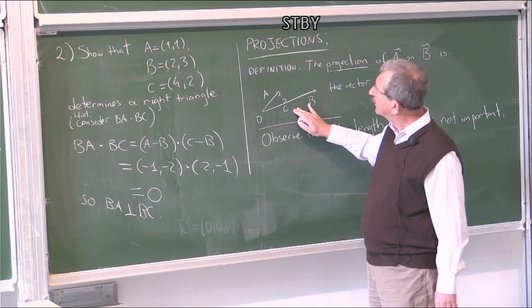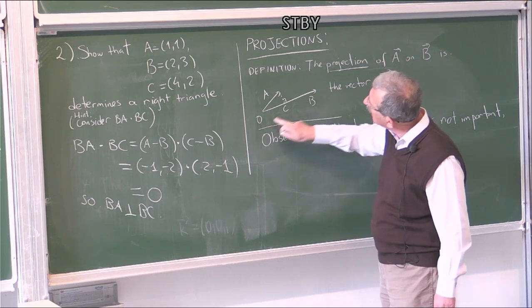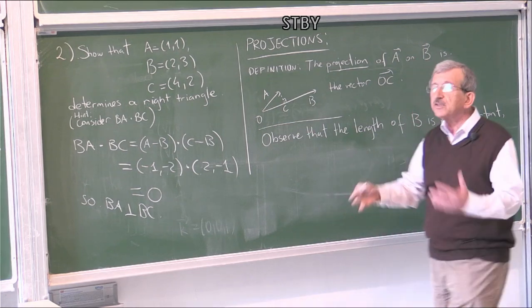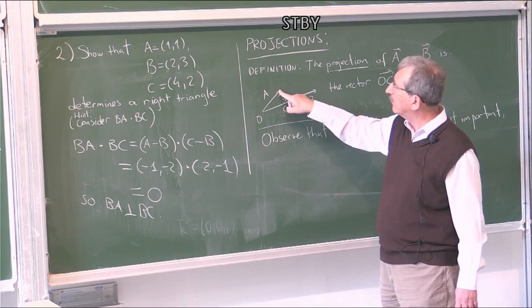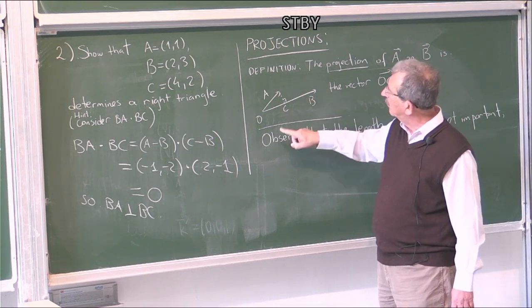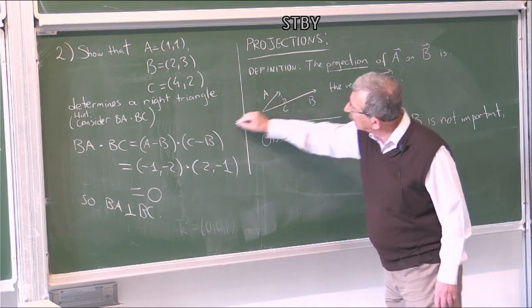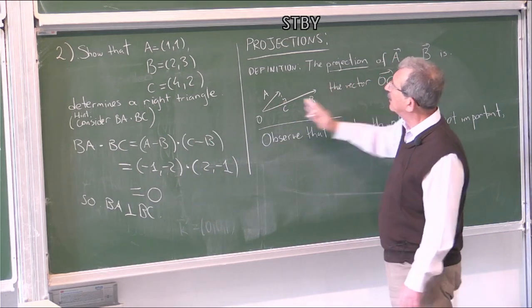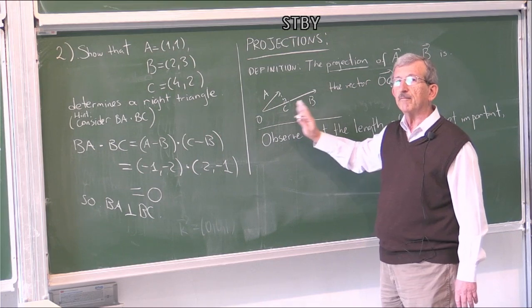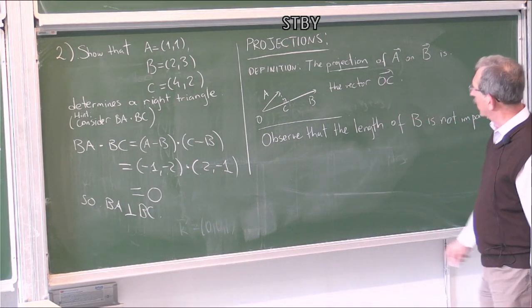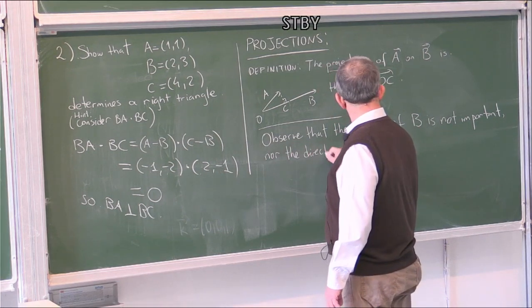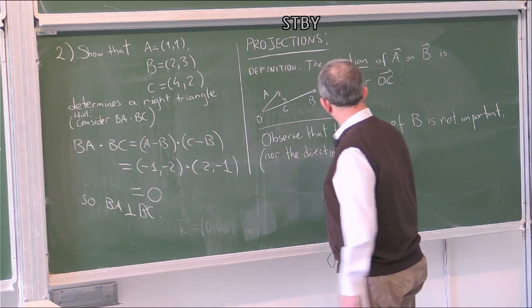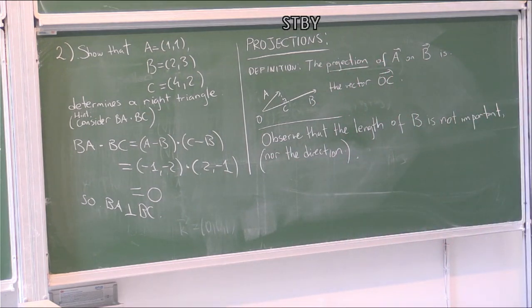So the only thing we know is that OC is parallel to OB, not necessarily in the same direction. Because when you drop a perpendicular to the vector B from this endpoint, even if B is on the other side, it should be extended and you will have a perpendicular drop. So neither the direction nor the length of B is important.